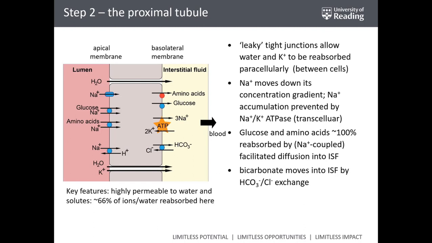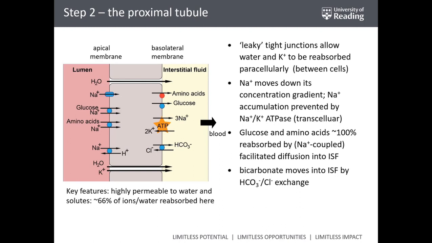Okay, so by continuing to push sodium out of the cell into the interstitial fluid, that will keep intact the chemical and electrical, the electrochemical gradient of sodium that will allow sodium to passively diffuse from the lumen into the cytoplasm and from the cytoplasm of the epithelial cell into the interstitial fluid. Okay.